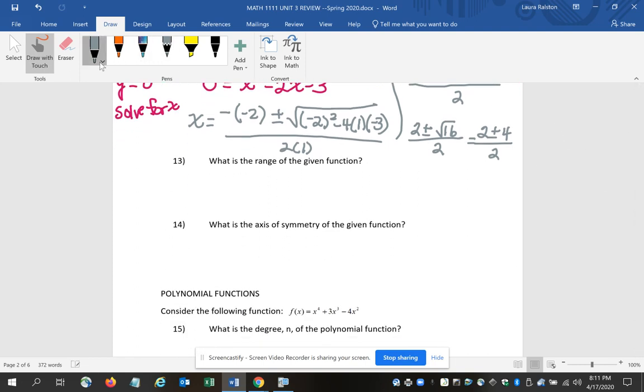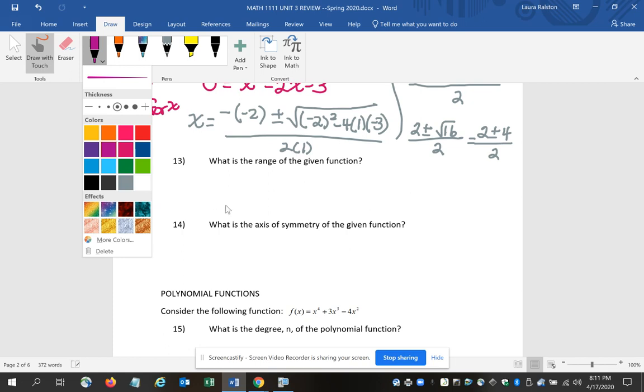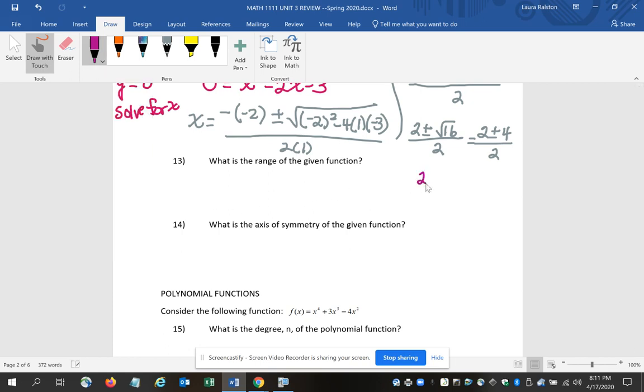Okay, so I'm going to change colors here. So we would have 2 plus 4 over 2. So that's 6 over 2, which is 3. I would also have 2 minus 4 over 2, which is negative 2 over 2, or negative 1.